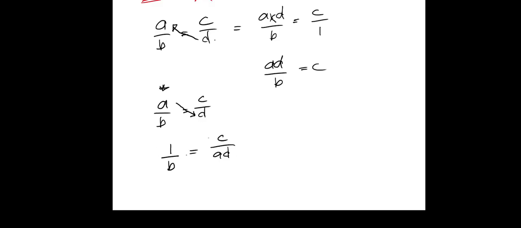And while we're at it, let's have a look at the next kind of rule we have. If A over B, remember A, B, C and D are just any numbers, equals C over D, then the reciprocal is also true.